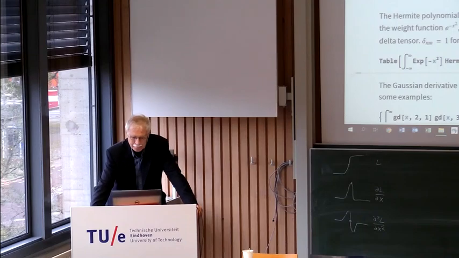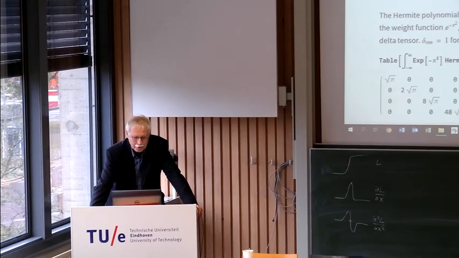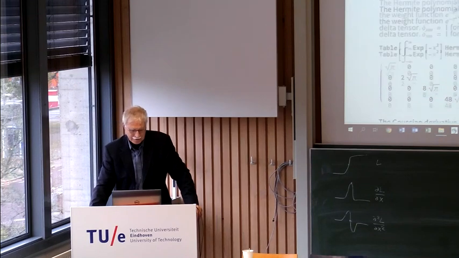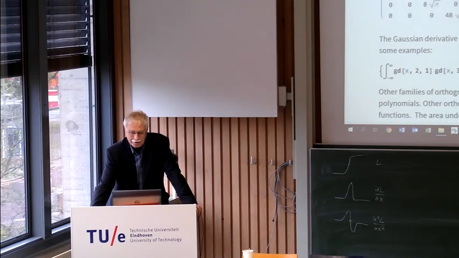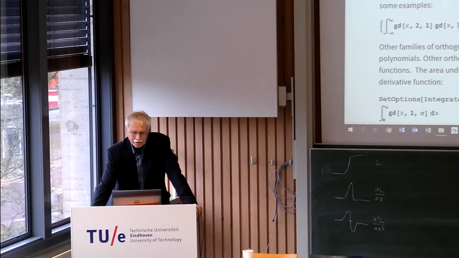If you multiply the Hermite functions with these functions, you see that they are orthogonal functions. Orthogonal functions have a special role in mathematics, and the Hermite function is one of them. I'm not going to talk too much about it. But the Gaussian functions are not orthogonal functions. That means if you take two different Hermite functions, you get 0.